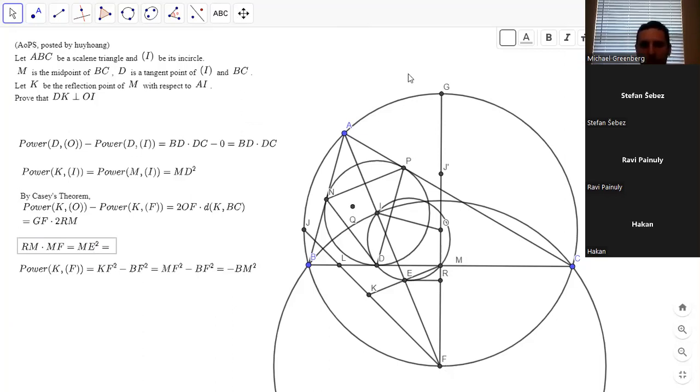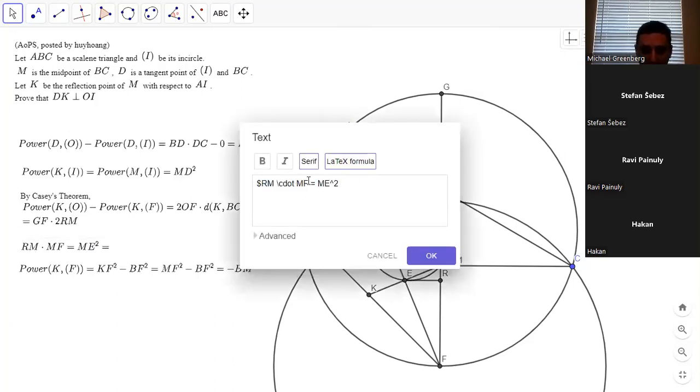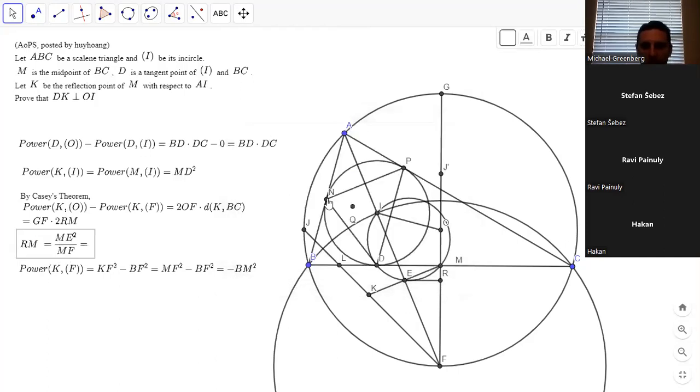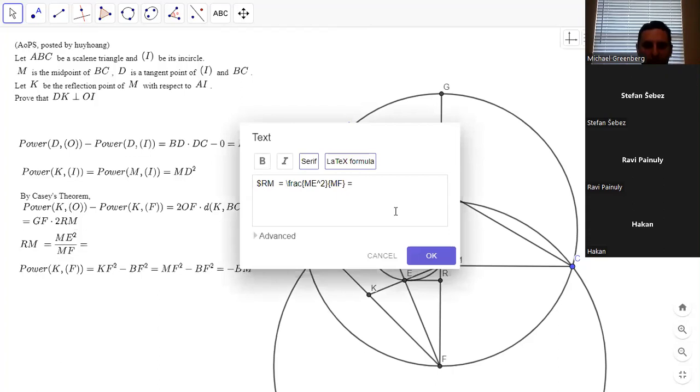And then we could probably write that in terms of AG and GF, right? So I'll just say it like this, and this should be equal to AG squared over GF.